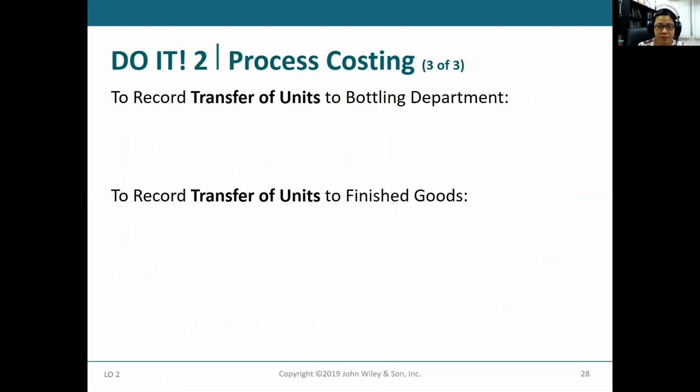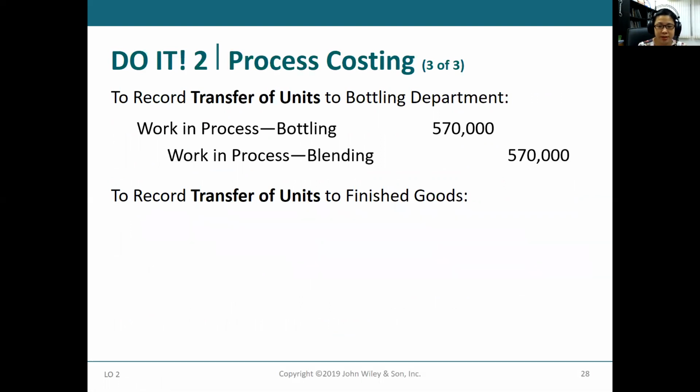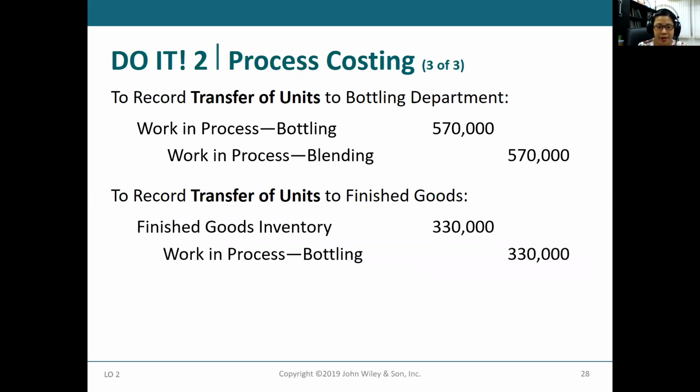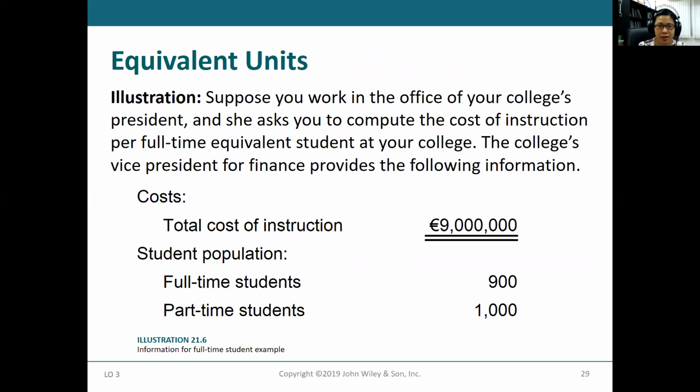Now, when we transfer the units to the bottling department, we debit work in process for bottling 570,000 and credit work in process for blending 570,000. And finally, when we finish producing, we transfer from bottling to finished goods inventory. So we debit finished goods inventory 330,000, this amount was given, and credit work in process for bottling 330,000. Okay, thank you so much everyone.